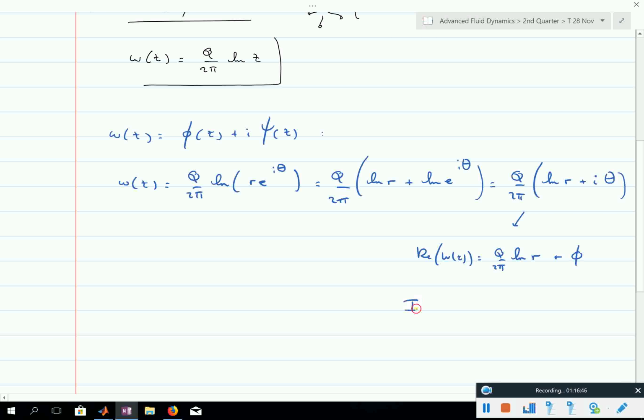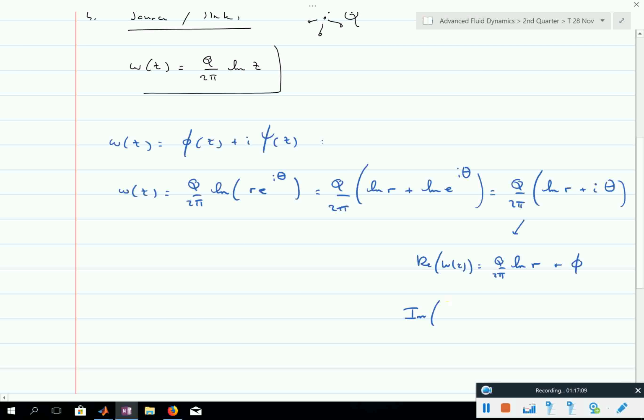And if you look at the imaginary part, well, we've never computed the stream function for a source, but you can do it. Remember, we computed stream functions in the third or fourth lectures. So I encourage you to take the velocity field, and from the velocity field you can compute the stream function. When you compute it, you should get what we have here, which is the imaginary part of this, Q divided by 2 pi times theta.